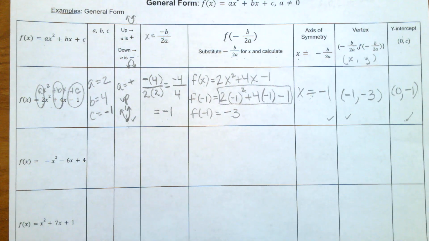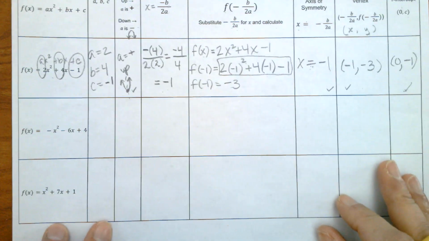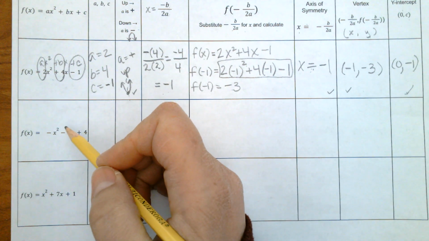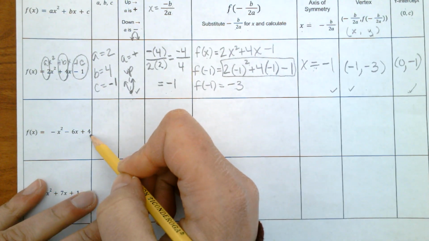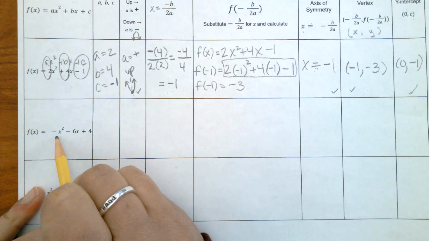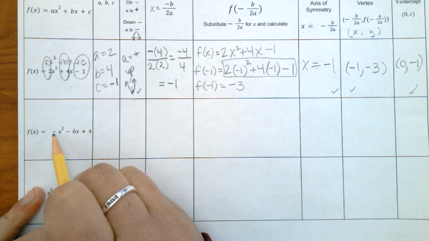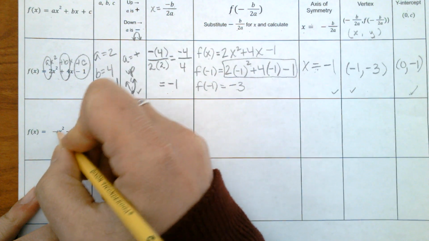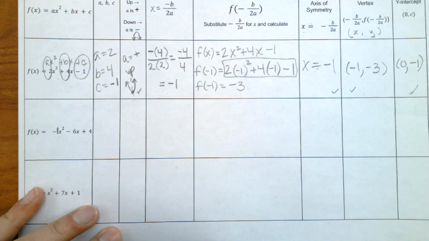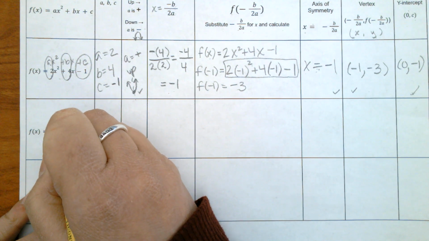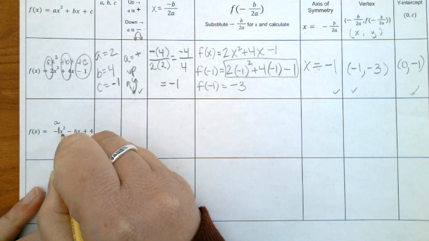All right, let's try it again. So our next equation, f of x equals -x squared minus 6x plus 4. If you don't have a number in between the negative sign and the variable, please input a 1. Remember, the ones like to hide. So we always do: here's a, because a is attached to the x squared.